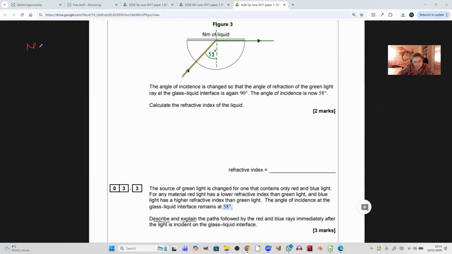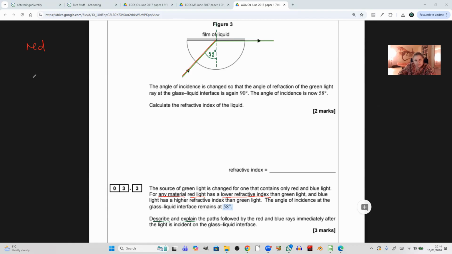If it's a red ray, let's think about what happens to the red ray first. They've told us that for any material, the red light has a lower refractive index.